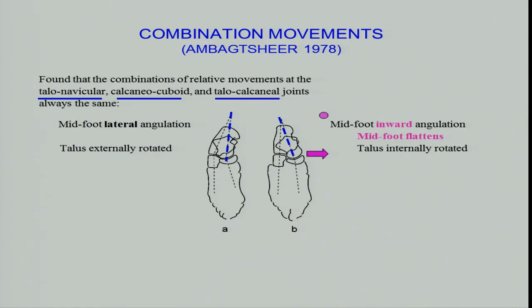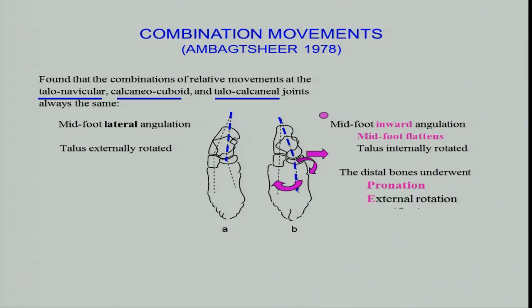The midfoot would flatten if there was inward angulation at the midfoot level, and the distal bones would undergo pronation, external rotation, and dorsiflexion at those joints. So we had combinations where there was pronation, external rotation, and dorsiflexion paired.